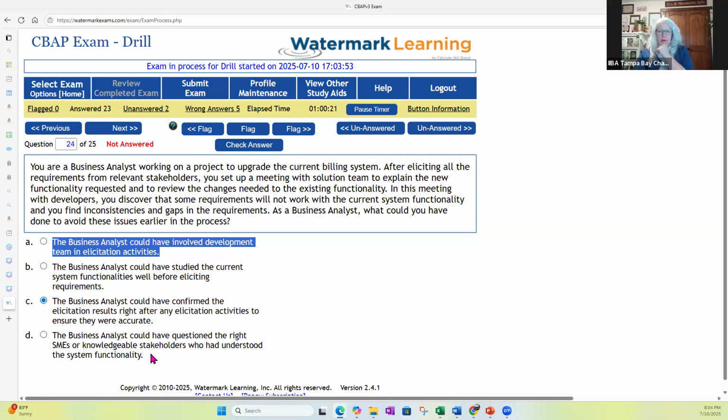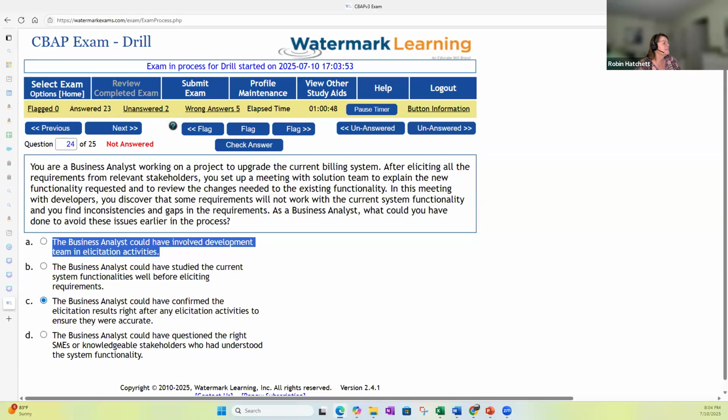The problem comes from not verifying what's going on in the current state and the future state. And if you do those, you will not have this problem. Yeah, it seems to me like, because it said after eliciting all the requirements, it's almost like he didn't confirm them.